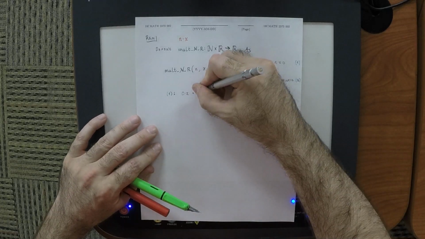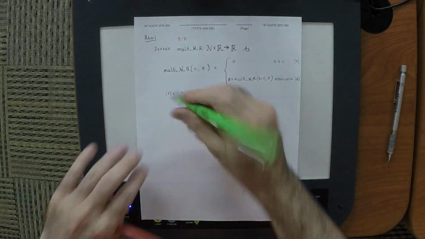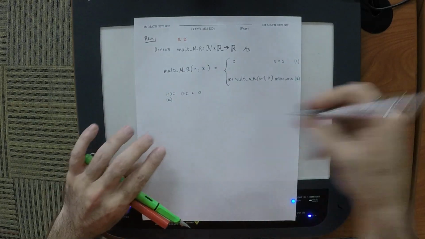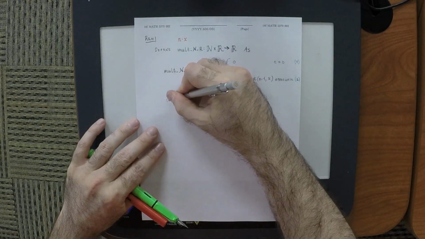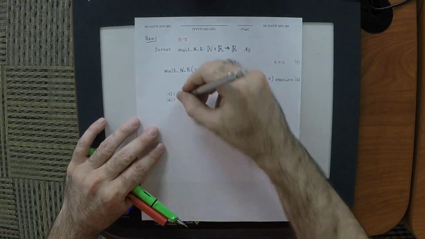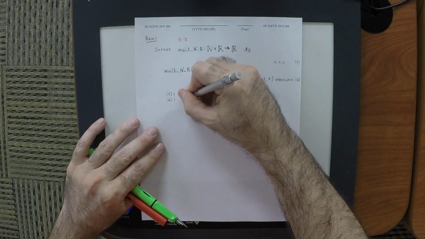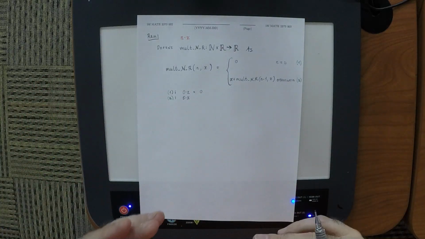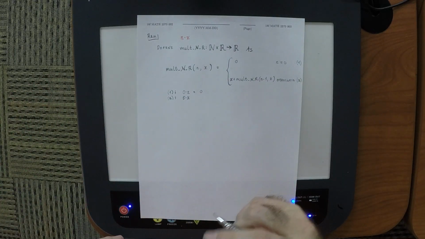Okay. The second one is saying something like, well, for example, suppose you wanted to calculate 5 multiplied by x. What if you wanted to do that?